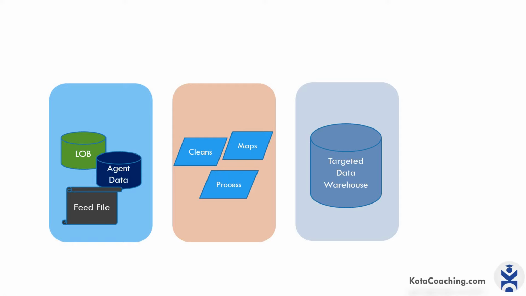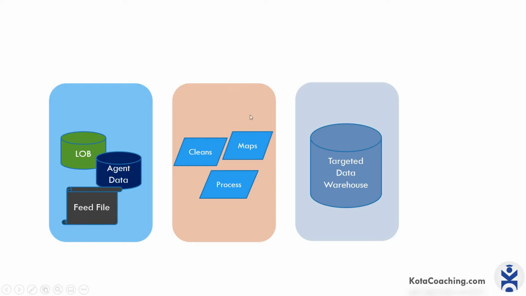First, we need to transform this data into a particular format where the system can understand it. So we have different kinds of processes. We can clean the data, we can map the data, and if data is in encrypted format, we can decrypt the data.